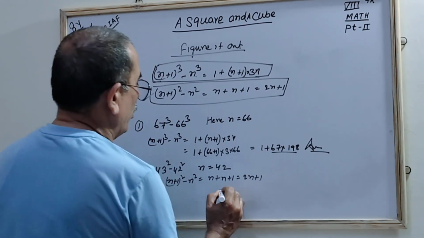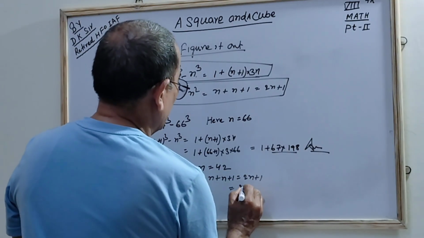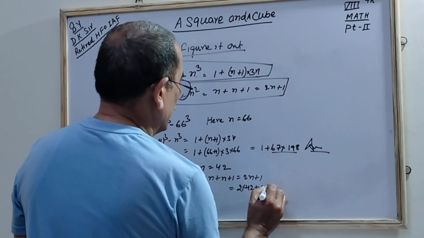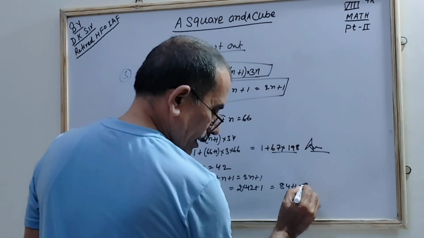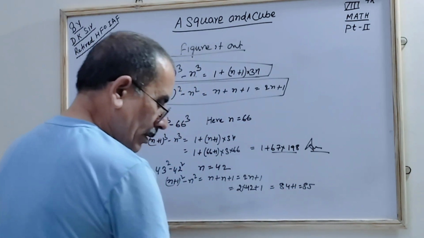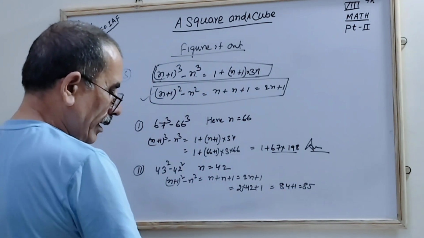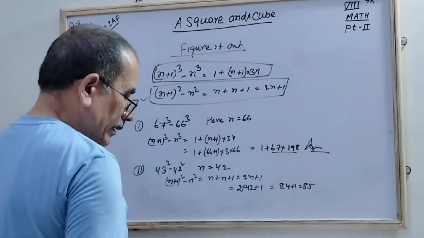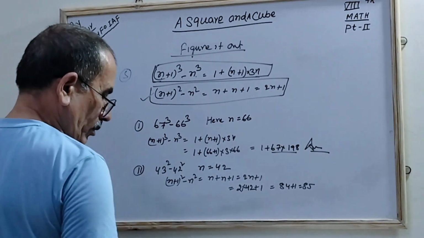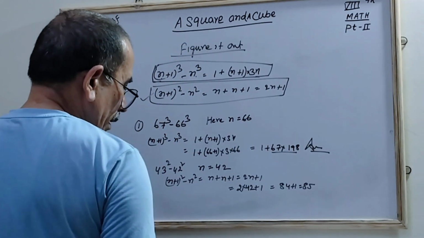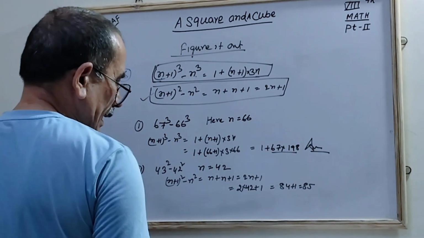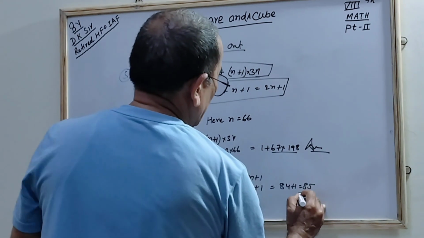So we will put the value, 2 into 42 plus 1. So it becomes 84 plus 1, it becomes 85, correct? So this you understood, 43 square minus 42 square, where n is 42, and you are going to get 85.